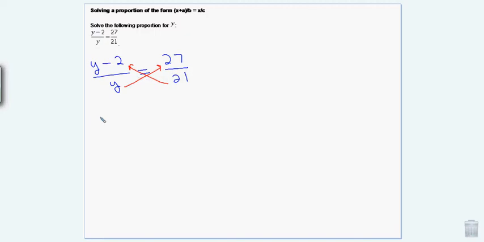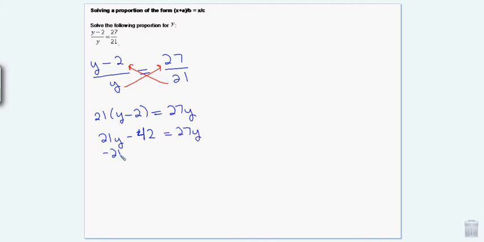So I get 21 times y minus 2 is equal to 27 times y. Distributing that 21, I get 21y minus 42 is equal to 27y.